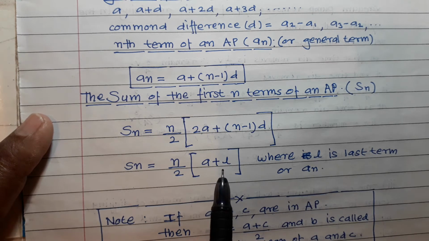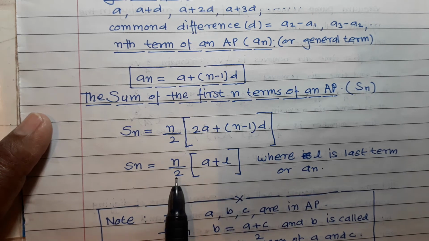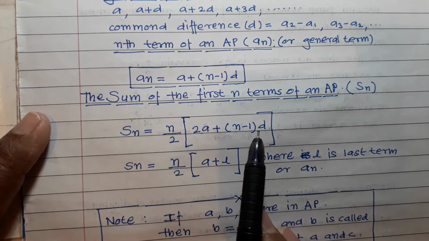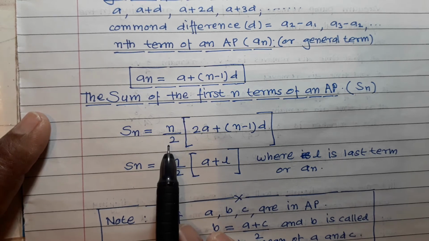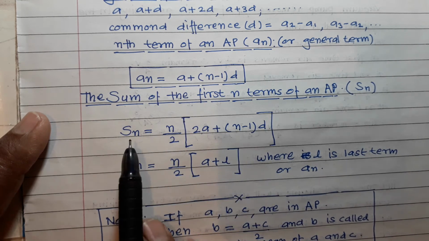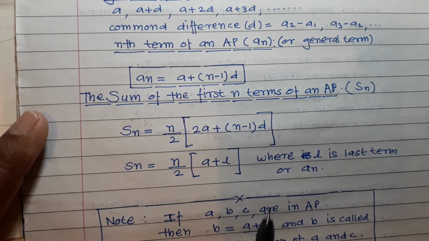If an is given, then you use this formula, and if an is not given, but a is there, d is there, and you know the number of terms, then you can find the sum of those numbers using the first formula. Okay.